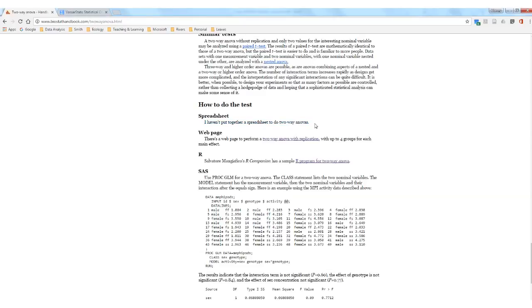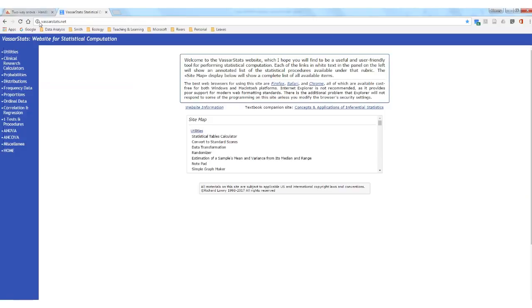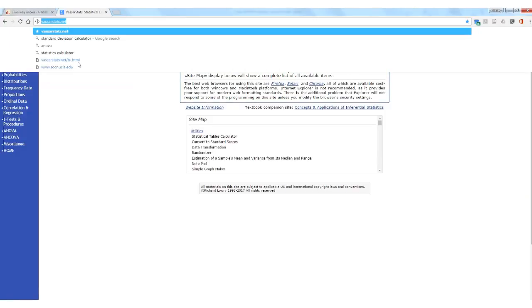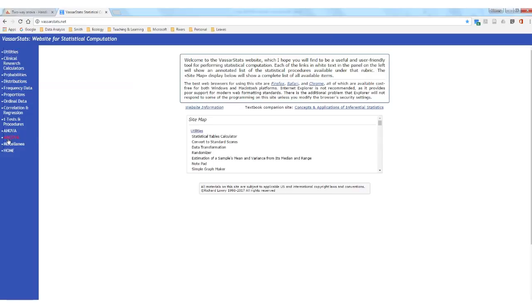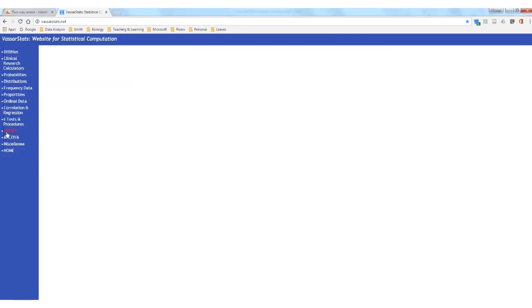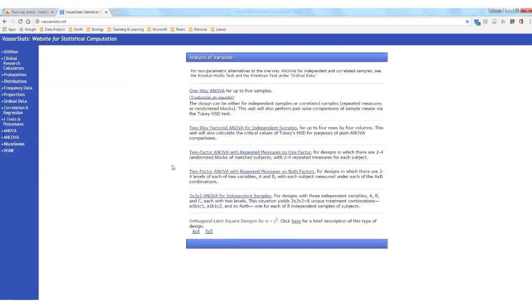So what we're going to do is use another website to do the actual test called VassarStats. So it's just vassarstats.net. And we're going to go to ANOVA, and we're going to select Two-Way Factorial ANOVA for independent samples.